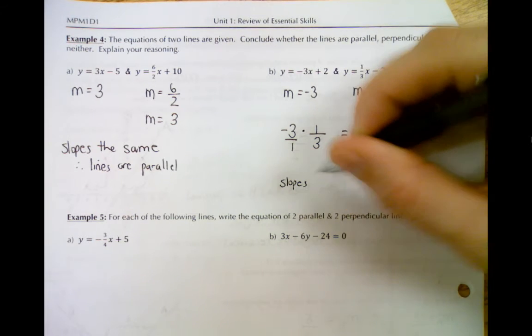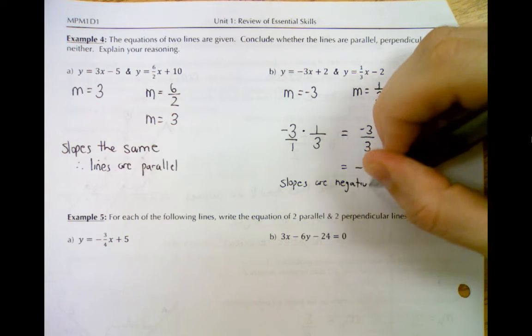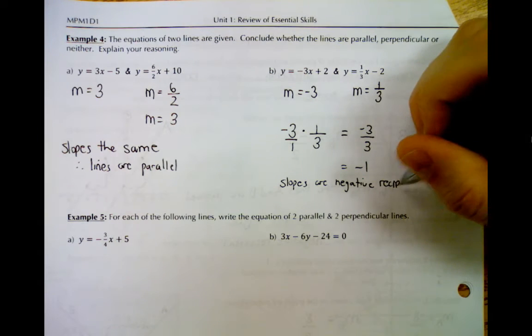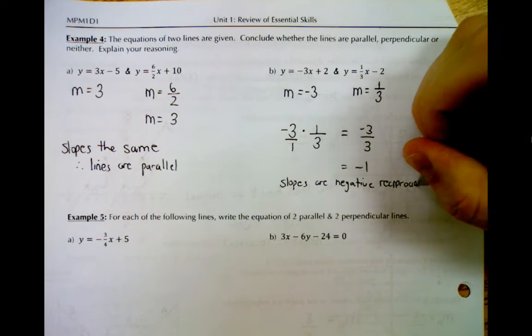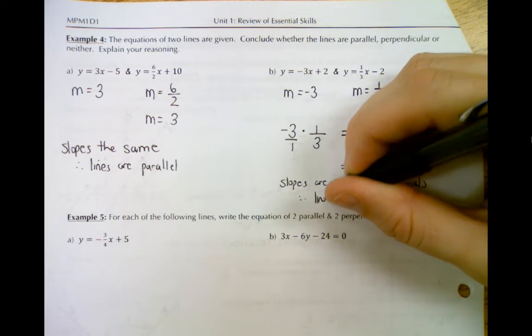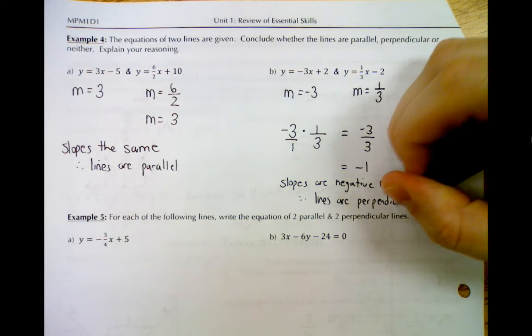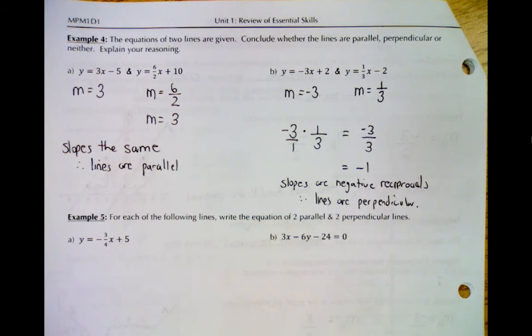Therefore, the lines are perpendicular. All right. So if we know the two lines, we just have to see if the slopes are the same.